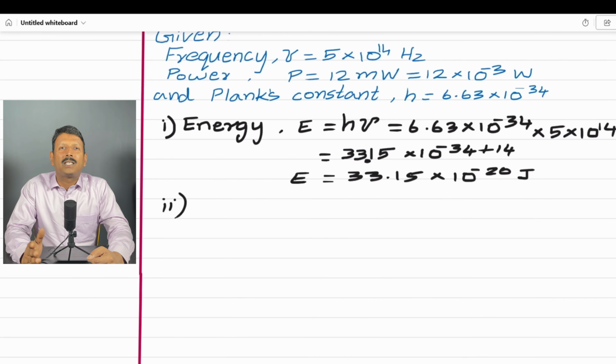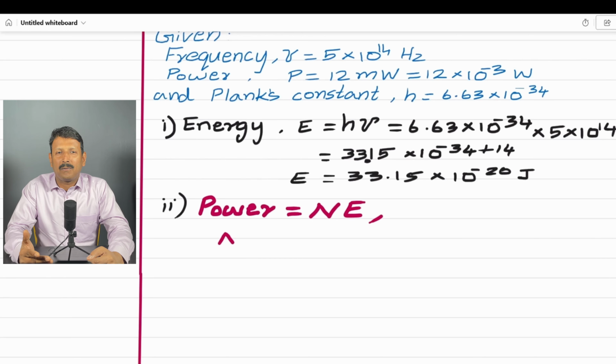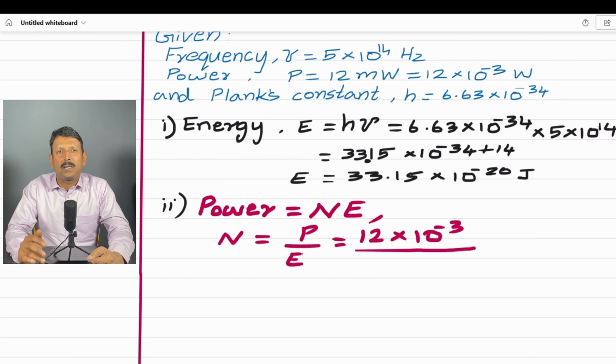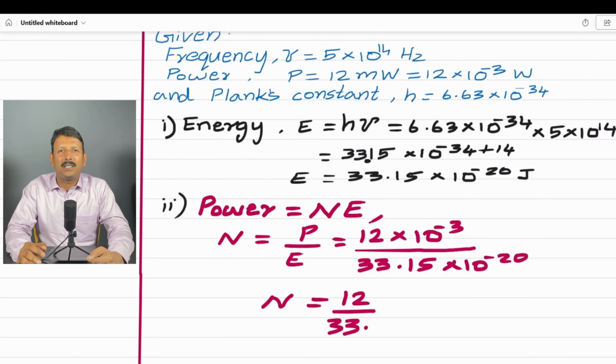And when it comes to the second part, the number of photons emitted, in the previous question I told you, total power is equal to number of photons emitted into energy of photon. So N is equal to P divided by E by cross multiplication. Here the power is 12 in terms of SI unit, so 12 into 10 raised to minus 3 divided by 33.15 into 10 raised to minus 20, which we just calculated, right?